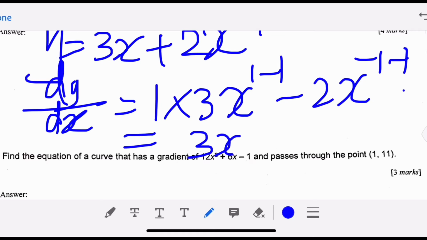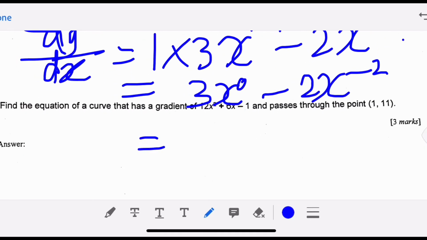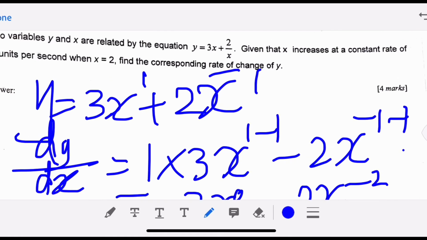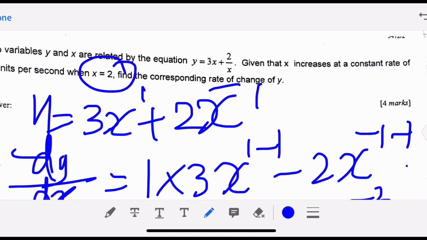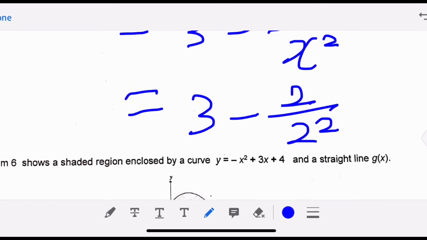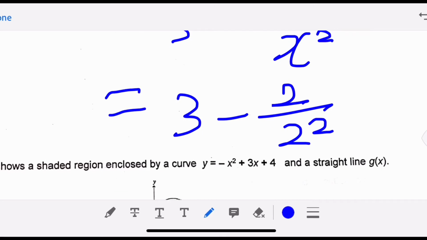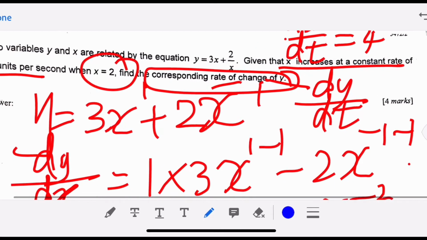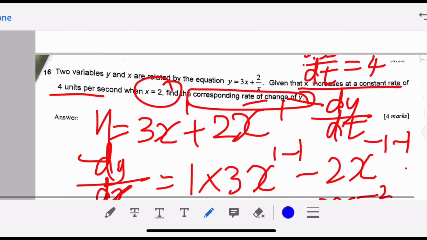So now you see how I differentiate. 1 times 3x to the power 1 minus 1, minus 2x to the power negative 1 minus 1, and that becomes negative 2. So you take the power times 2 in front, then the power is reduced by 1. For differentiation, you have to reduce the power by 1. Okay, don't do integration.